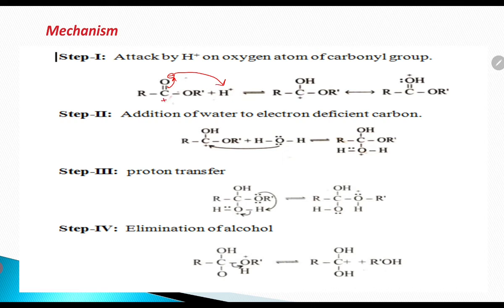As this carbon is losing electrons, it is becoming electron deficient, therefore it gets a plus charge, that is, an electron deficient carbonyl carbon is obtained, or C-OH, R dash.